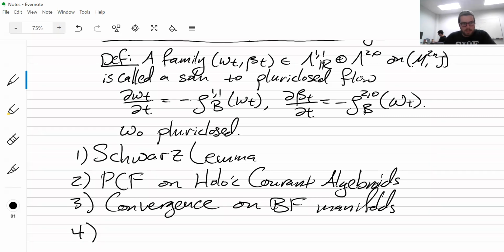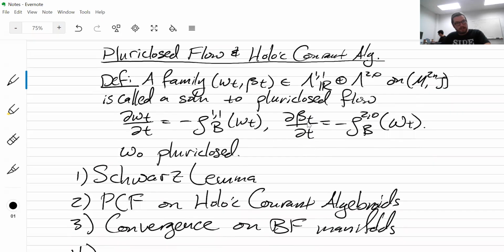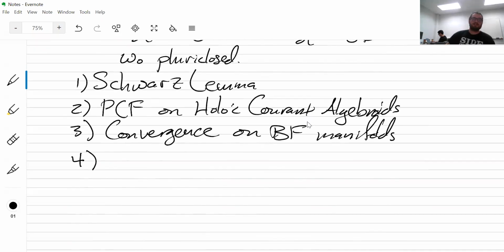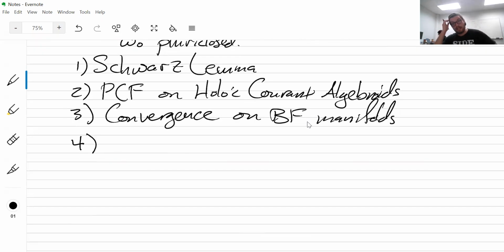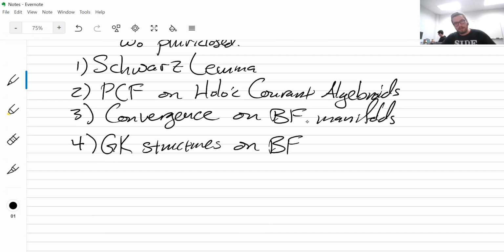Four is going to be a really quick section, but this ends up giving us a nice result showing the contractibility of the space of generalized Kähler structures on Bismuth flat manifolds. So this is going to be a quick sort of GK geometry, GK structures on Bismuth flat manifolds.